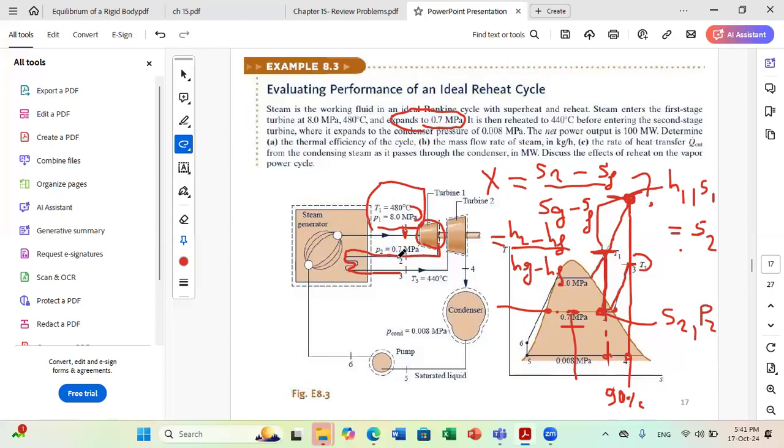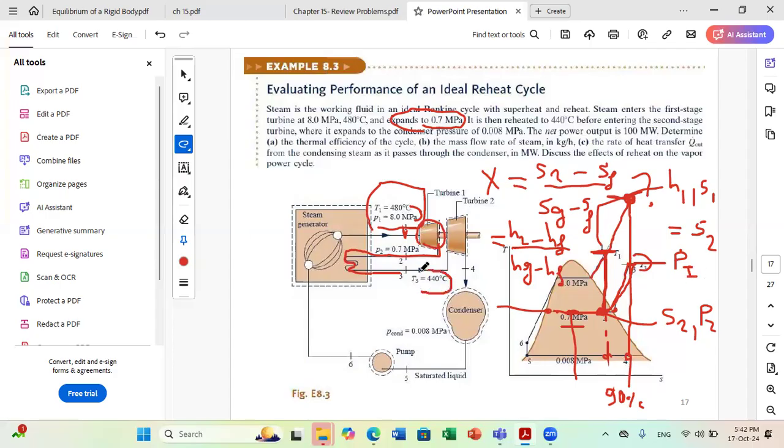For state 3, what do we know? We know that we are heating in the boiler, and in the boiler, we heat at constant pressure. So between 2 and 3, the pressure will remain equal to the intermediate pressure of 0.7 megapascal. So point 3 is characterized by the intermediate pressure and by a temperature of 440 degrees.